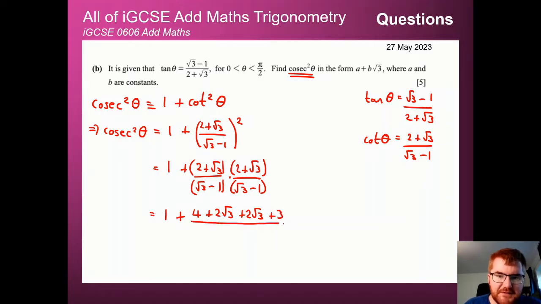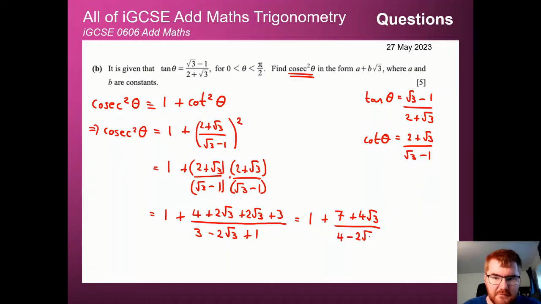If we do the bottom part here, root 3 times root 3 is 3, and then we have minus root 3, minus root 3, minus 2 root 3. Minus 1 times minus 1 is plus 1. So this will then become 1 plus 7 plus 4 root 3 over 4 minus 2 root 3.